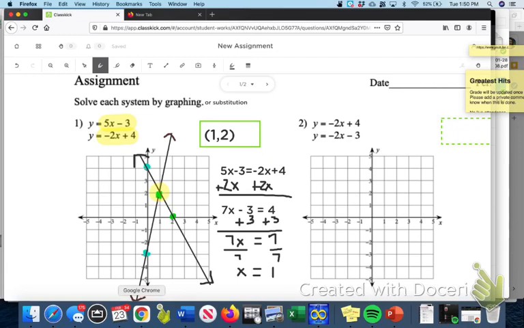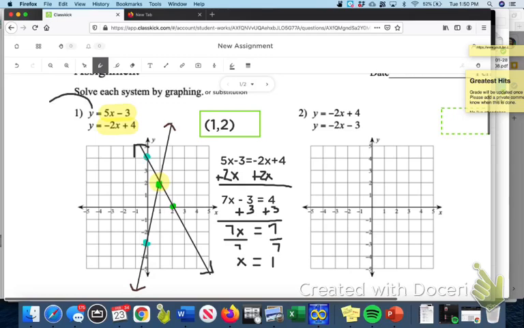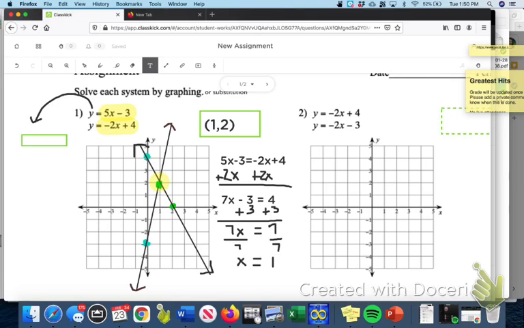That would give us our x coordinate, but remember we still need to get a y coordinate. So I'm just going to take one of those equations. It doesn't matter which one. I'm going to type it over there.